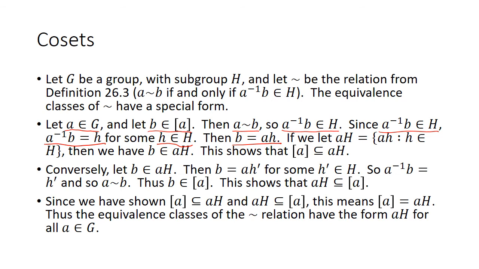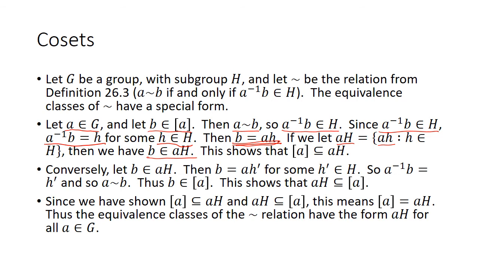And then if we let a capital H be defined as the following set here, where it's literally just what it looks like, you just multiply a times every element in H, then what we can see here is that because b equals ah right there, that means that b is an element of the set aH. So that shows all that I just did in that bullet point there.